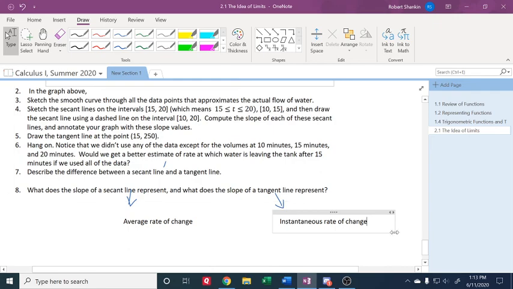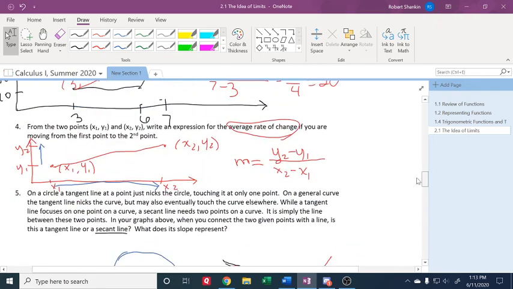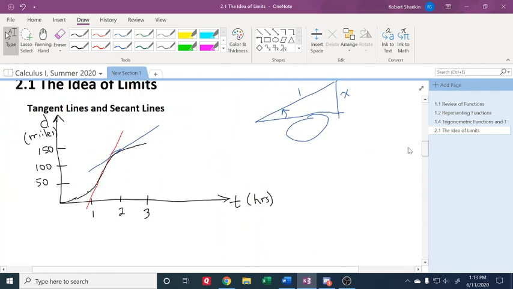Remember when I was describing the whole purpose of this way back here, we're trying to get an instantaneous slope. Like, when were you going exactly the fastest? Or what was the exact speed after 2 hours?